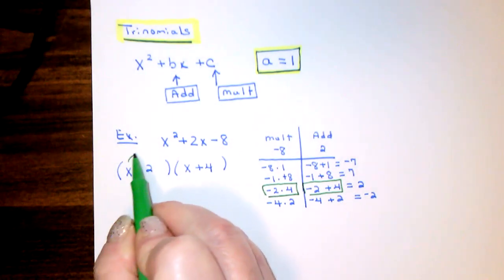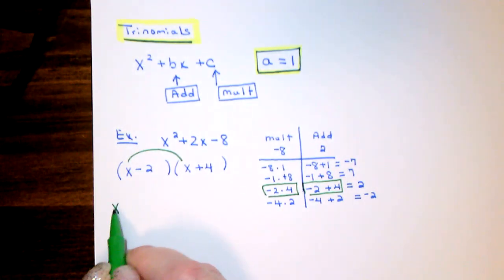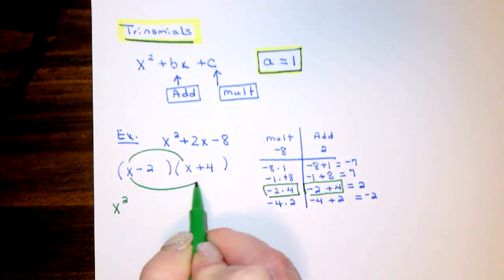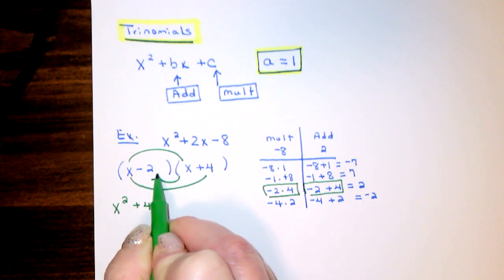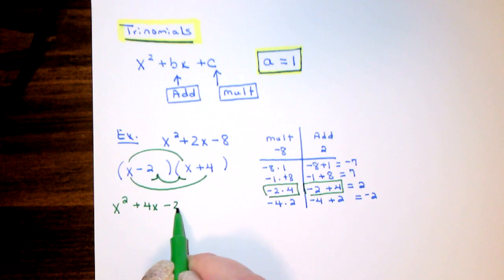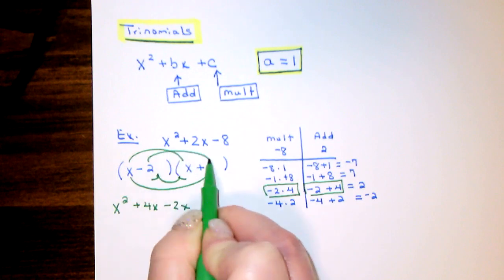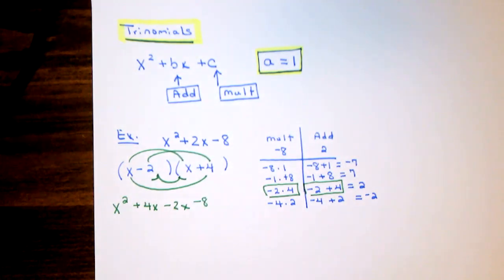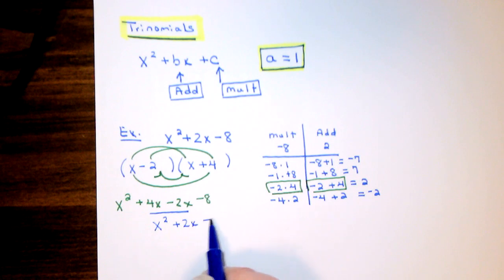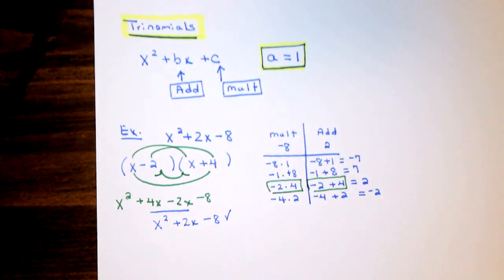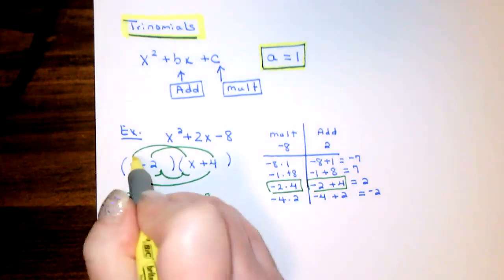So if you're foiling, remember that's going to be x to the second, 4x for your outside. Your inside was the little small. That's -2x minus 8. So these 2 right here go together to give you x to the second plus 2x minus 8. So that tells you that you factored it correctly.